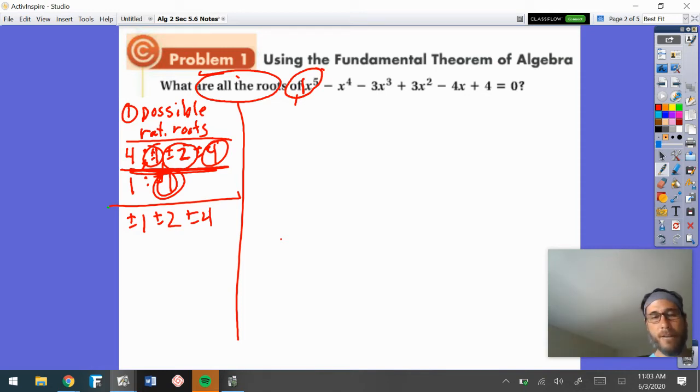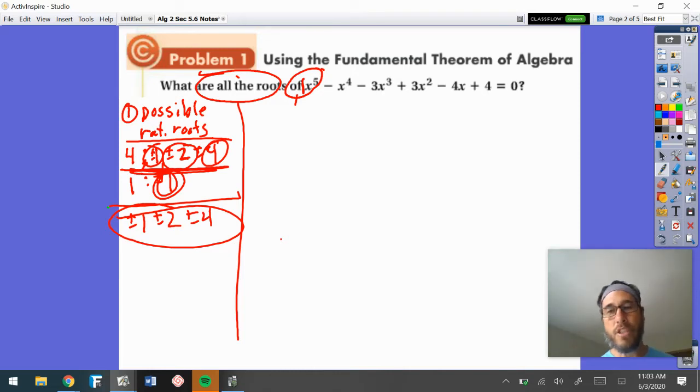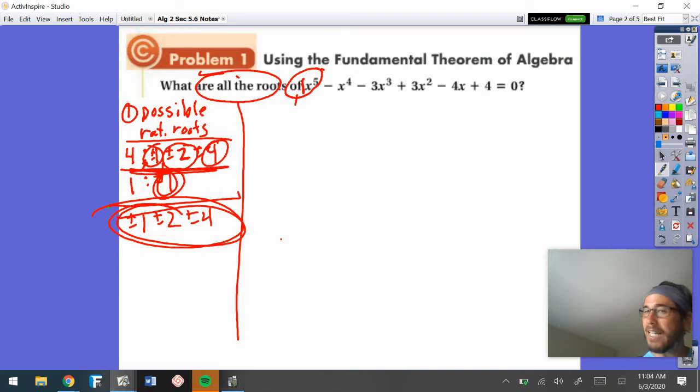The way we get started is we use these possibilities and synthetic division to find out what works. When checking these possibilities, it could take a long time to find one that works. I already did it, and 1 works.